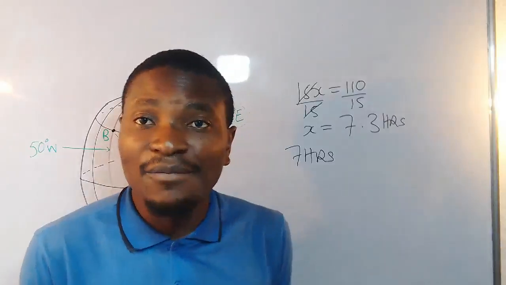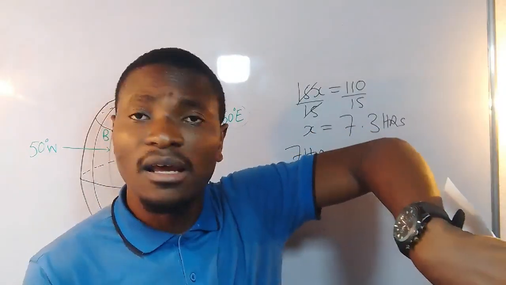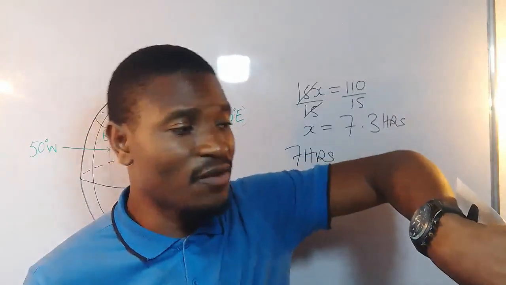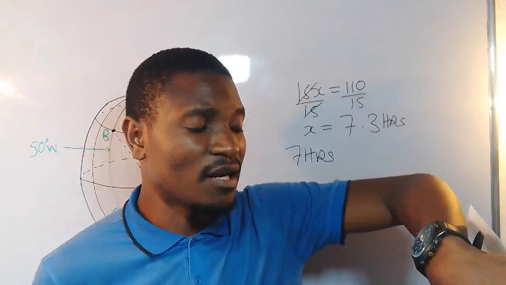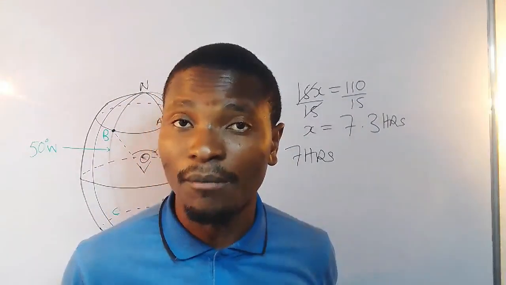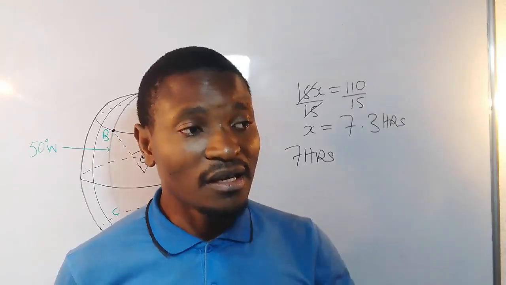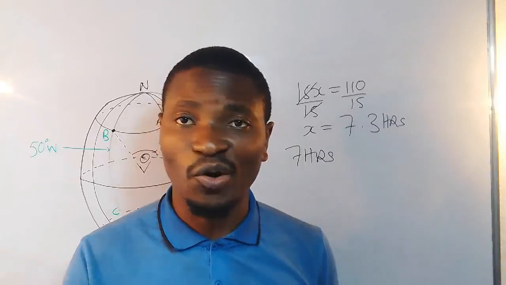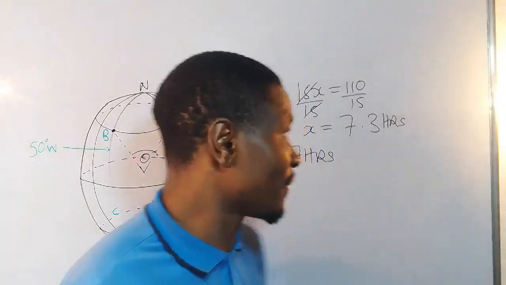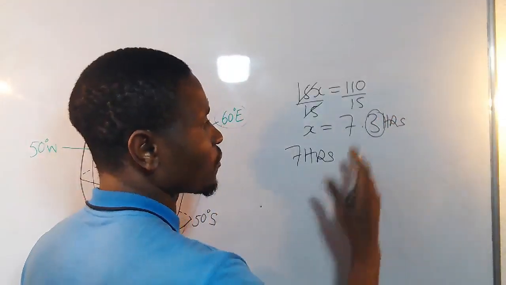Now, in time, you cannot read off your watch and say that it is, let's say, 7.5 hours, or 7.23 hours. No. There is a way in which you can convert the decimal form of time. We can convert that by using 60, so you have to convert it to minutes.